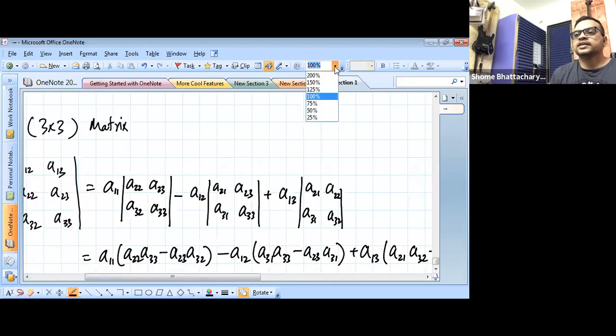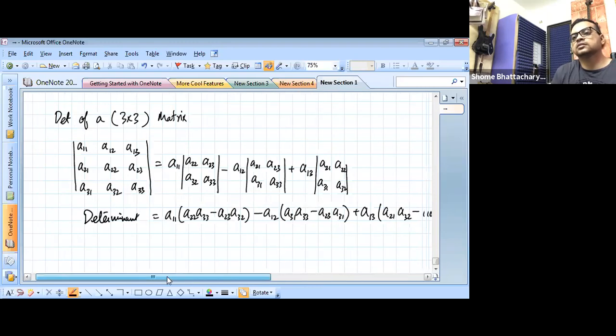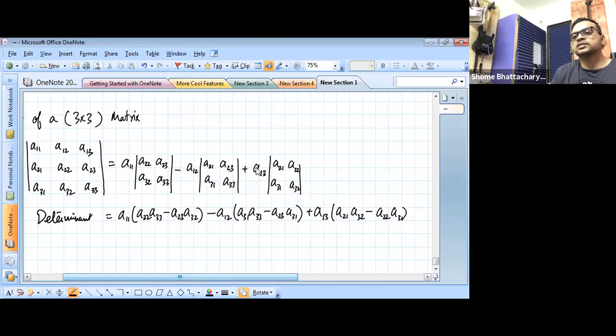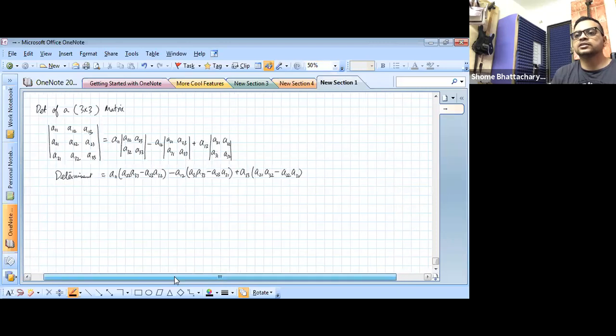So this is how we write the determinant of a 3 by 3 matrix. This becomes the determinant of the above matrix by this kind of formula. So next we will see that we can express the cross product as this kind of determinant.